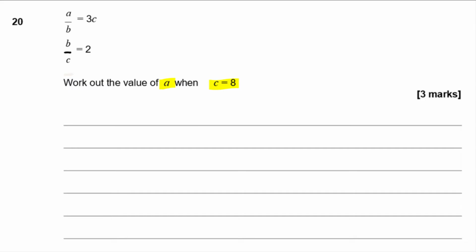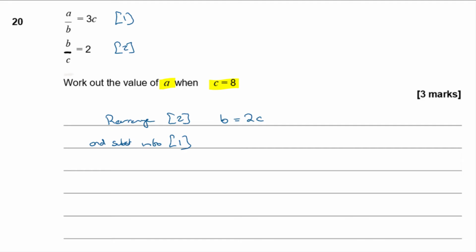So what we're going to do is take, let's call them equation 1 and equation 2. I'm going to rearrange equation 2 first. Rearrange 2. And so I'm going to get b is equal to 2c, just multiplying both sides by c, and then I'm going to substitute into equation 1.